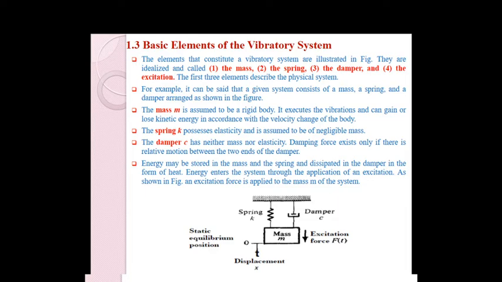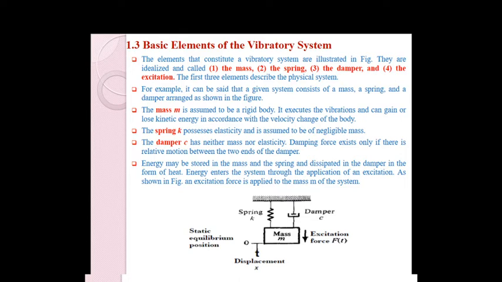Then because of that potential energy, the system again starts moving towards the mean position. As soon as it reaches the mean position, the potential energy is converted into kinetic energy, and because of that the system again moves to the other extremity. This discussion we have already done.